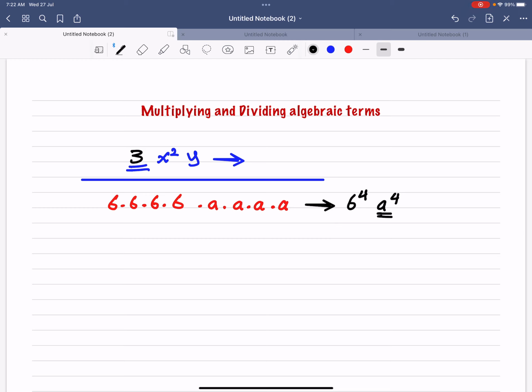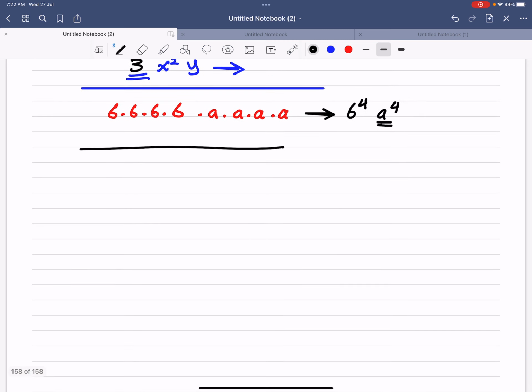طيب خلينا نروح ونشوف إحنا المفروض نعمل إيه لما يكون عندنا multiplying algebraic terms، monomial times monomial. If we have here something like negative 2xy times negative 3x.